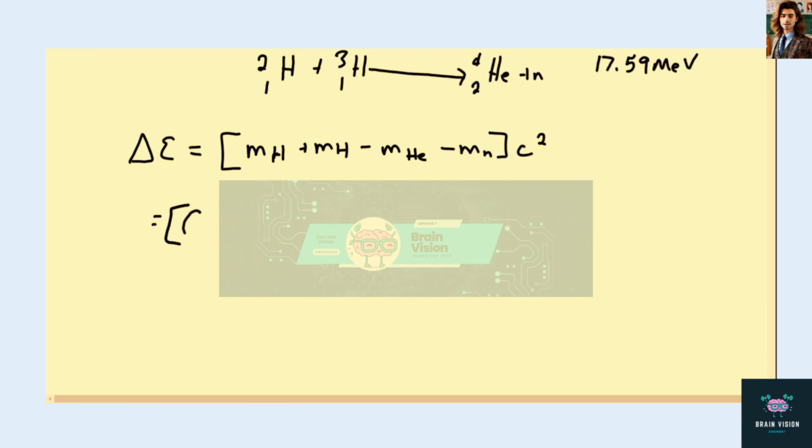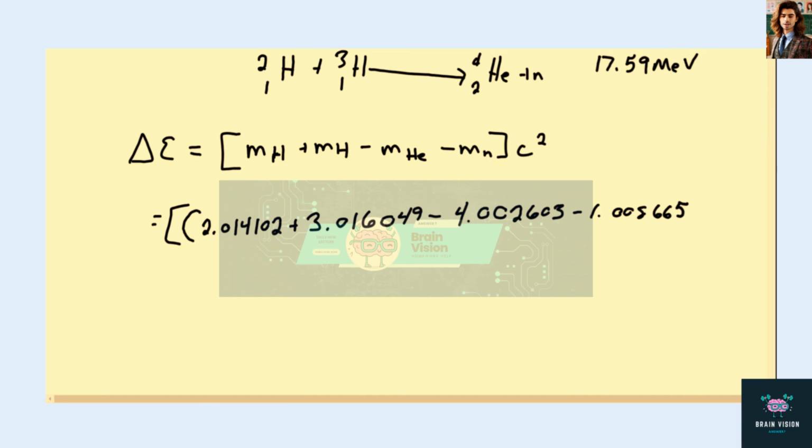Now we're going to use their atomic masses: 2.014102 plus 3.01604 minus 4.00263 minus 1.008665.